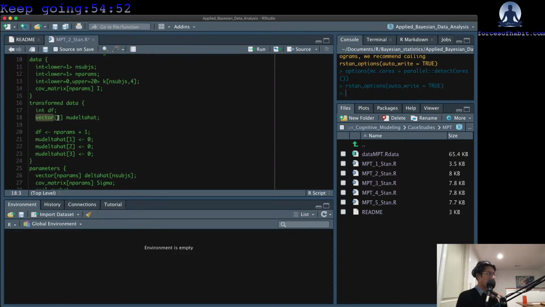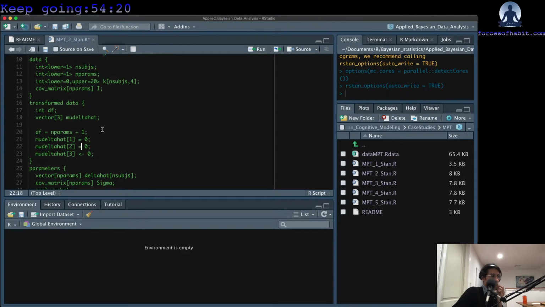Vectors contain continuous variables, and we'll call it mu delta hat. So vector length n, call it mu delta hat. And then we're going to make this equal to the data frame, which is equal to the number of parameters. So we're taking a transformation of our data here, and we're just going to add 1.